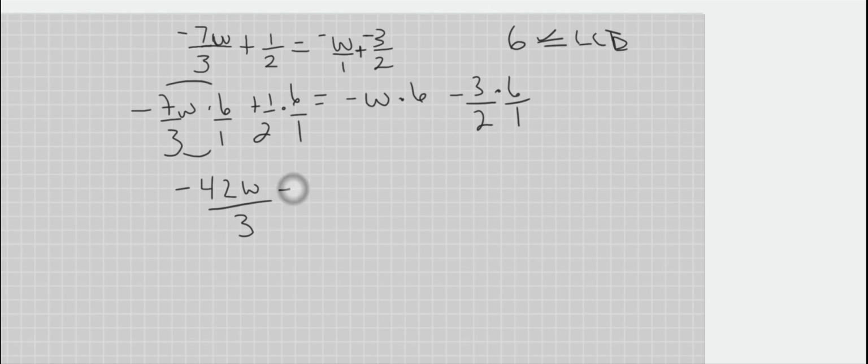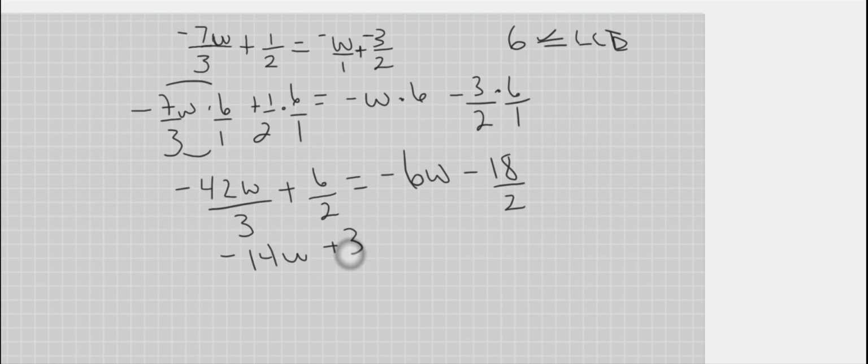Again, multiplying fractions. 6 over 2 equals negative 6W minus 18 over 2. When you simplify it, 42 divided by 3 is negative 14. Is that right? Yeah, W plus 3 equals negative 6W minus 9.